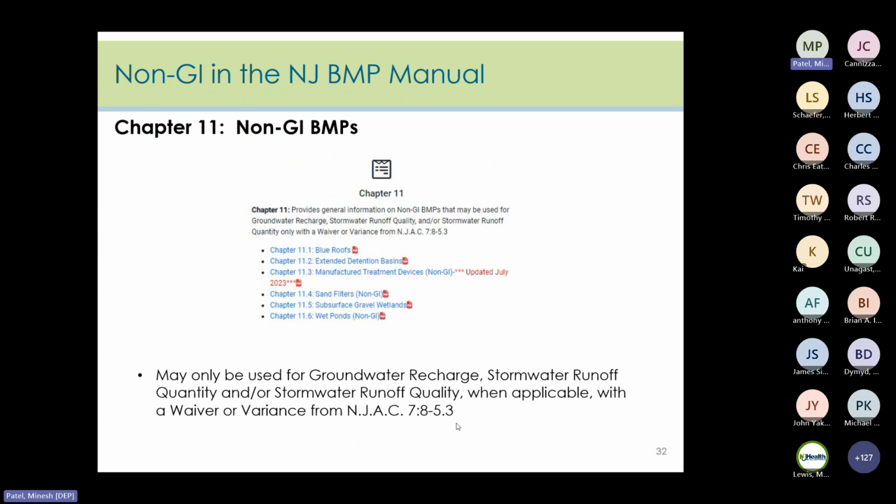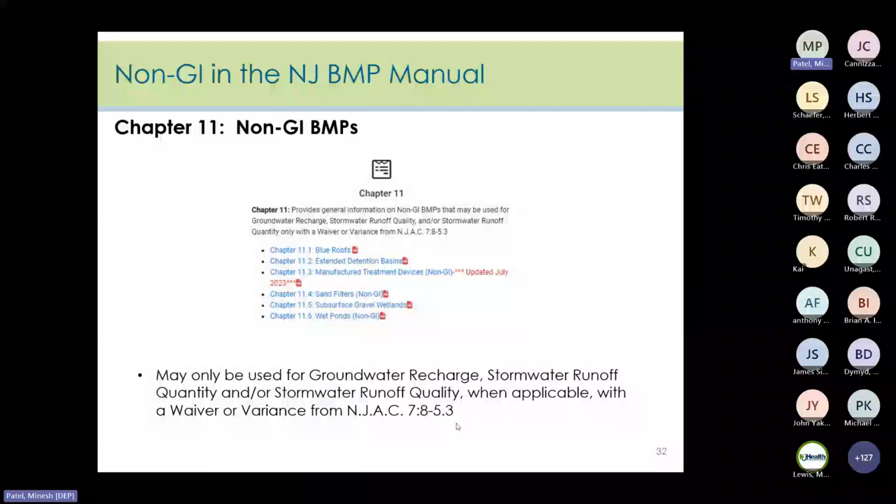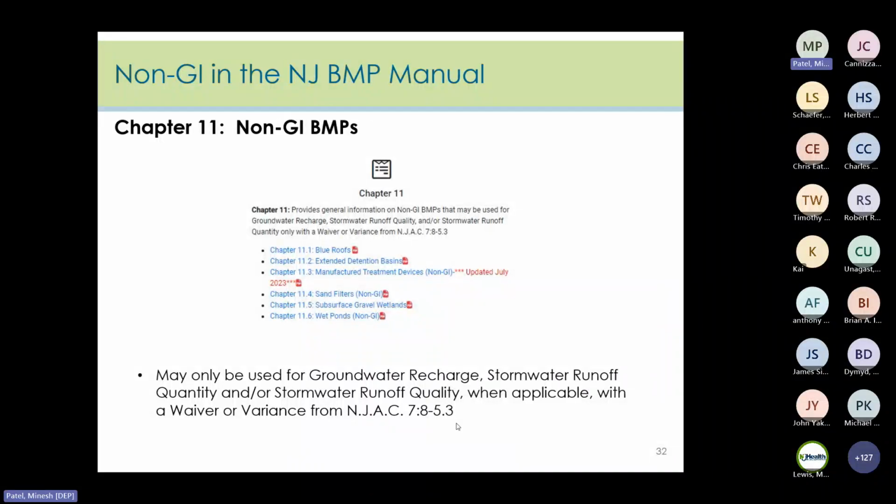BMPs in Chapter 11 are non-GI, and they always require a waiver or variance before they can be used. It's not anticipated that these BMPs will be used much in the future because of what is required in order to grant a waiver or approve a variance. But as for some of the BMPs noted on this table, blue roofs, they don't have a reuse component, and extended detention basins are typically large and require additional treatment to meet the water quality standards.